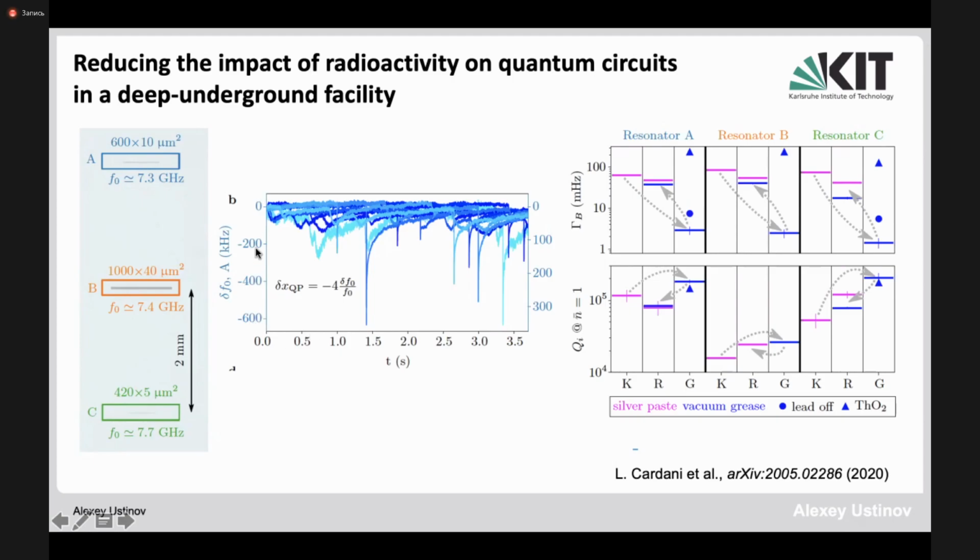This is a shift of the superconducting resonator frequency as a function of time in seconds. And you see that there are these random events, like a huge energy splash occurs in the circuit, and then this energy relaxes exponentially. But then there are those events which occur several times per second, and this is really something which also makes the coherence time of superconducting qubits vary. So if you're interested, you could have a look at the paper cited here.